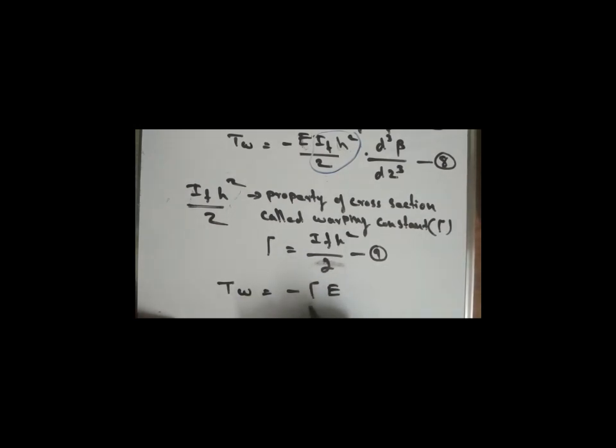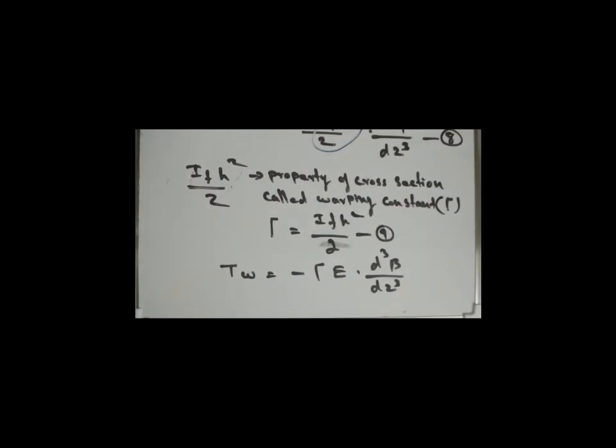TW is equal to minus gamma E d cube beta divided by dz cube. That equation 9.